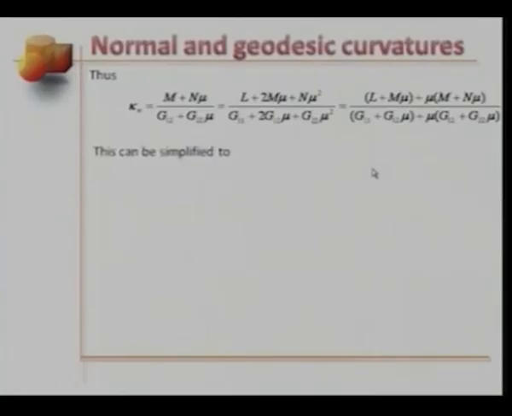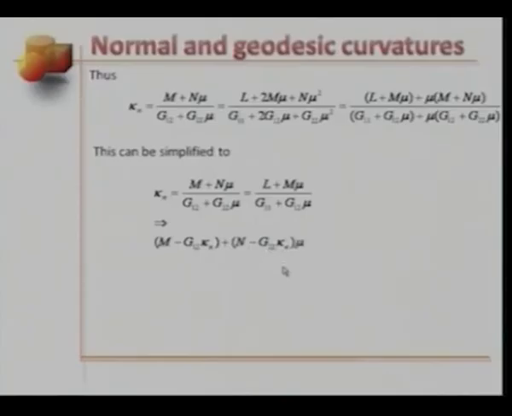We can simplify this to kappa n equals m plus n mu over G12 plus G22 mu, which is equal to L plus m mu over G11 plus G12 mu, which implies that m minus G12 times kappa n plus n minus G22 times kappa n times mu is equal to 0.